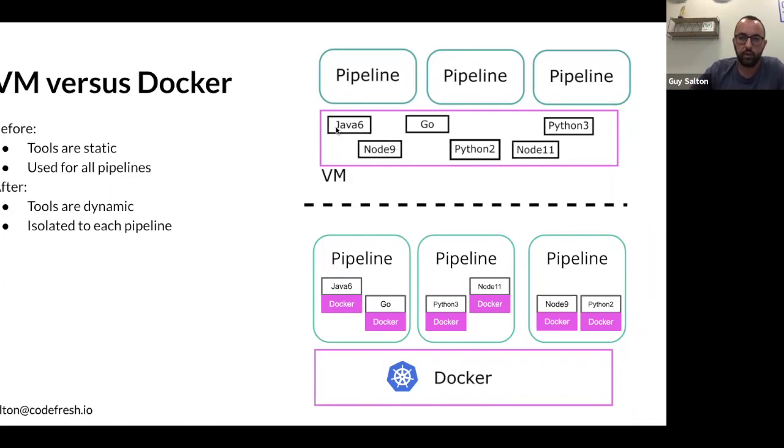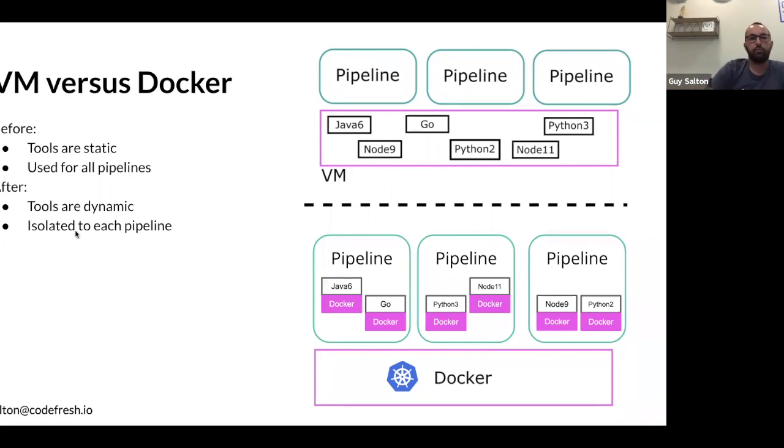So for example, let's say one team needs Java 6 and another team needs Node version 9 and one team needs Go, etc. So the operator has to make sure that all of these tools are installed on the virtual machine. And then the developer comes and creates pipelines, and these pipelines count on the tools being already installed. So they can go and run Java commands and run Node commands, etc.